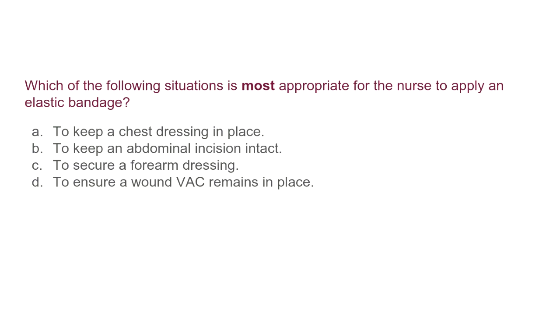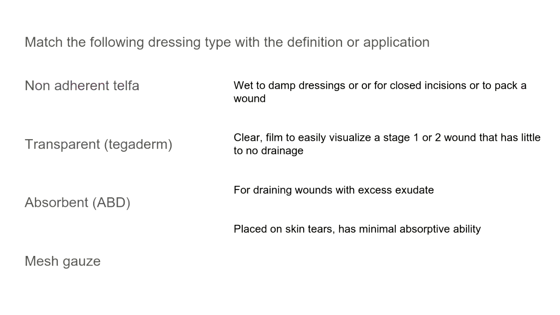And that's more of a piece of fabric that is stretchy and provides support. To keep a wound vac in place, D, that is its own special dressing, and it's usually just kept in place with a clear, transparent type Tegaderm dressing. Okay, good.